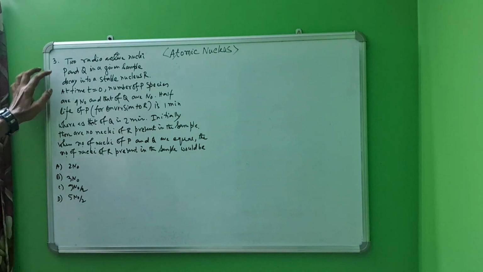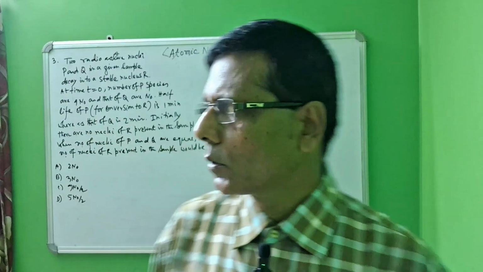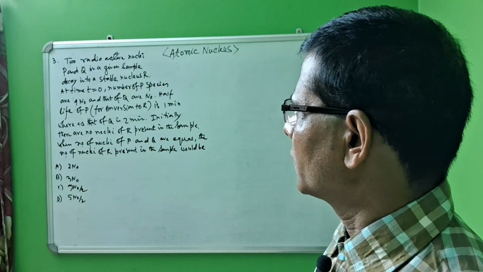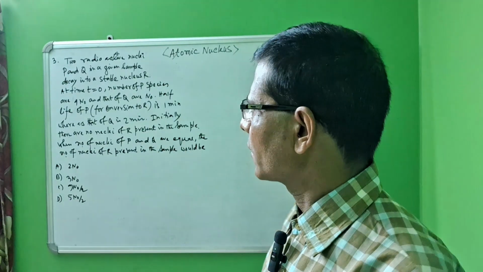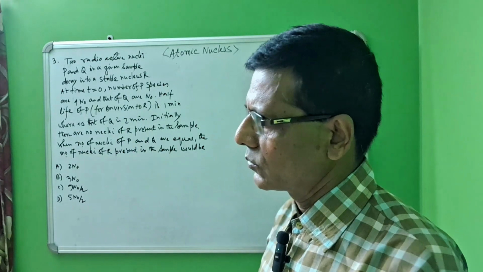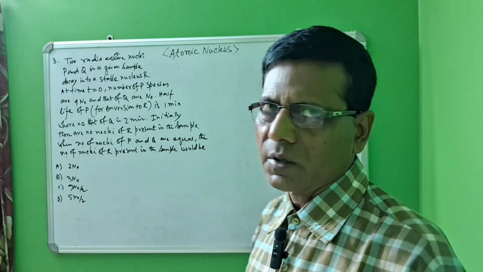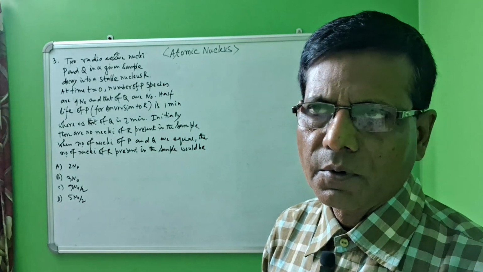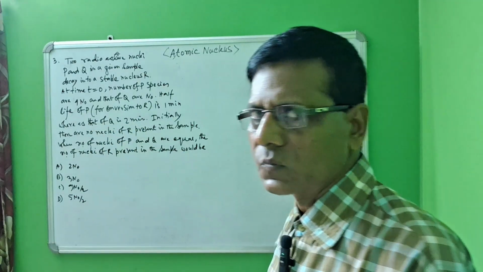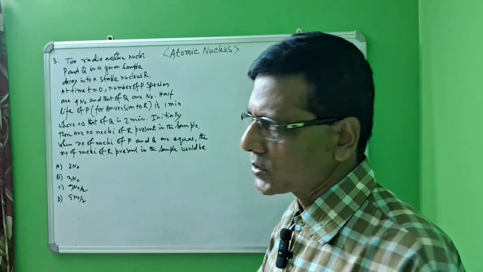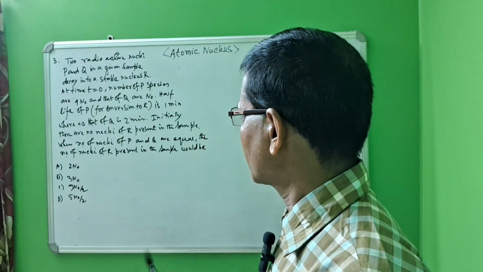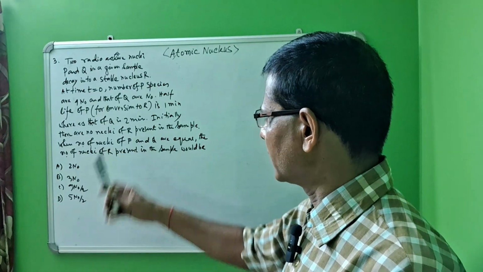Two radioactive nuclei P and Q in a given sample decay into a stable nucleus R. At time t equals 0, the number of P species are 4N0 and Q are N0. The half-life of P for conversion to R is 1 minute, whereas that of Q is 2 minutes.